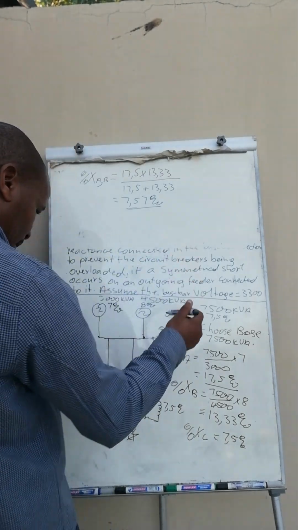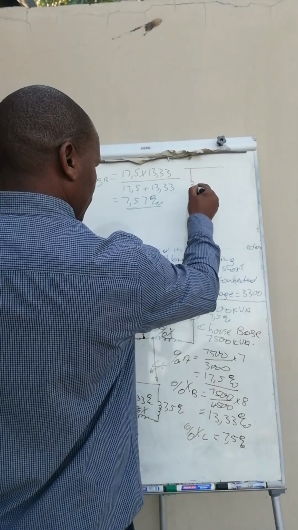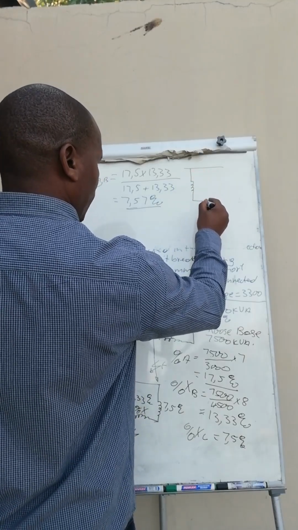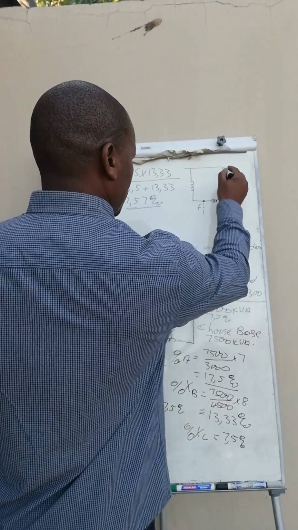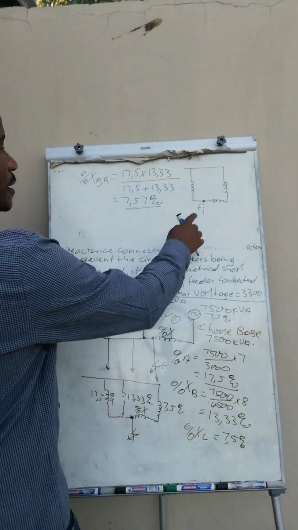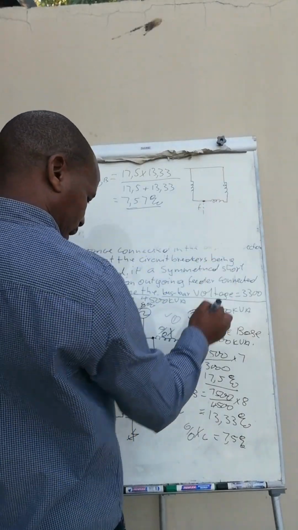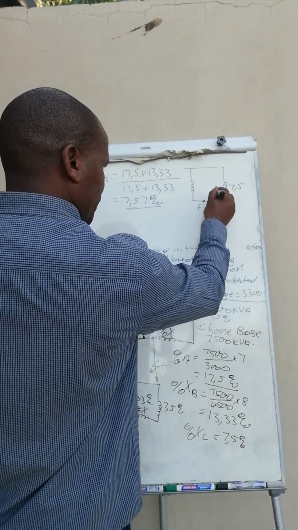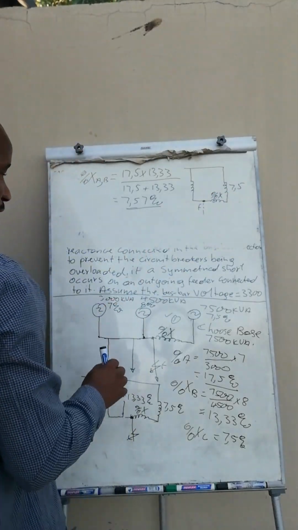Now we've got something like this, this is our neutral. We've got a point there where the fault occurs, and then we've got a reactance which is in series with it, which links this transformer to the others. So we've got 7.5, and then this one is the percentage X. We have assumed it to be X because it has to be calculated.